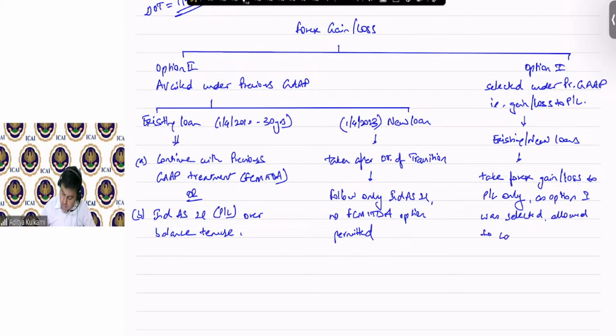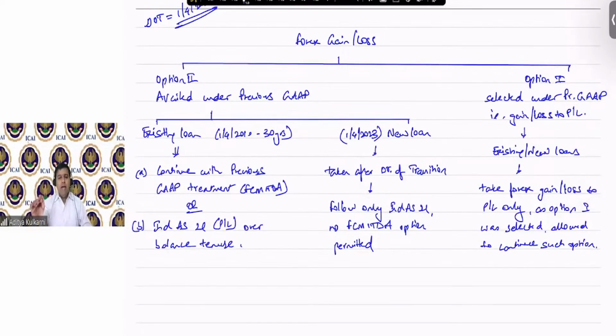Basically, option 1 and Ind AS 21 are essentially the same. That means forex movements, take it to the P&L, be done with it. No FCMITDA, no asset, etc. Are we clear with this? Yes. Are we clear? Anybody has any doubts? Yes.